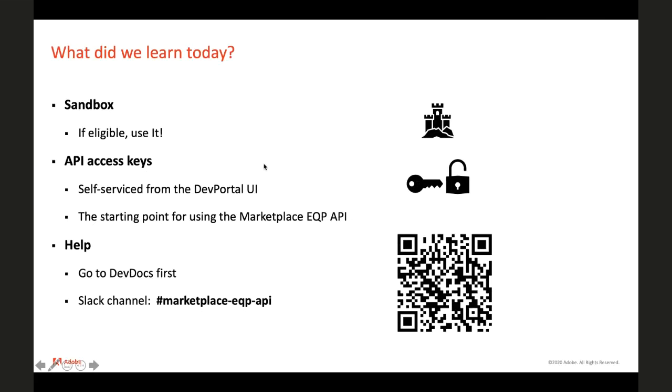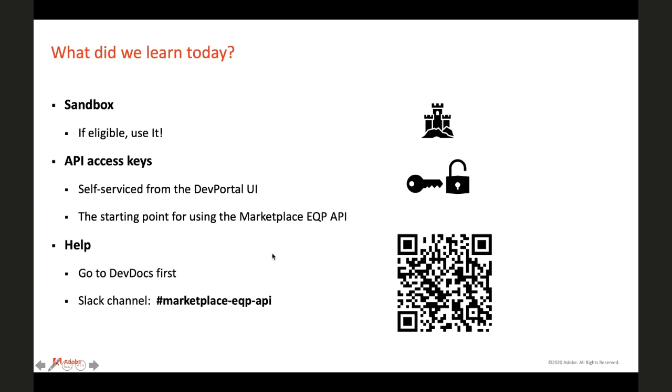We did spend a lot of time on API access keys, and again, these are the starting point for using the Marketplace EQP API, and they're completely self-service, so you don't need to contact any member of the Marketplace team. You choose if you want to participate, when to rotate or regenerate those keys, and when you want to delete them and no longer participate.